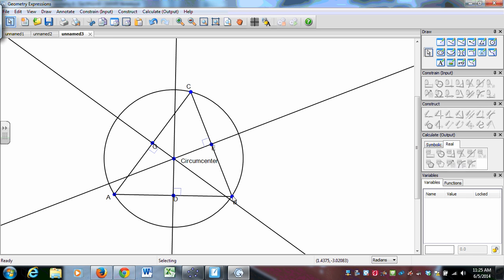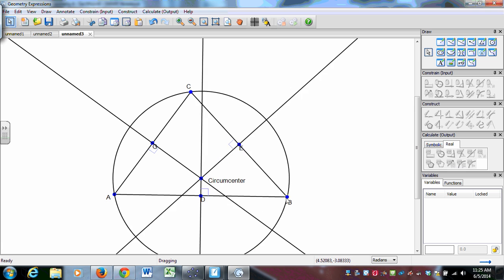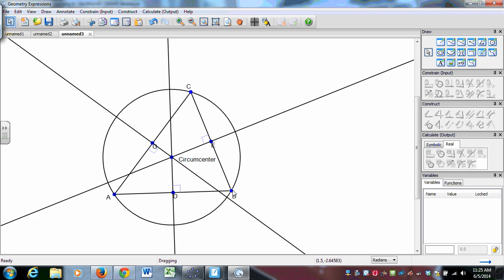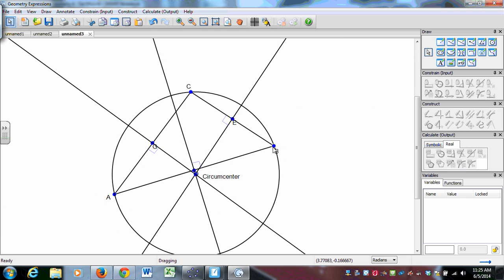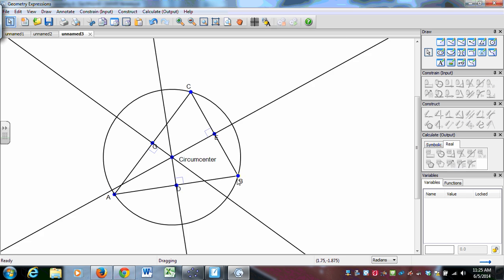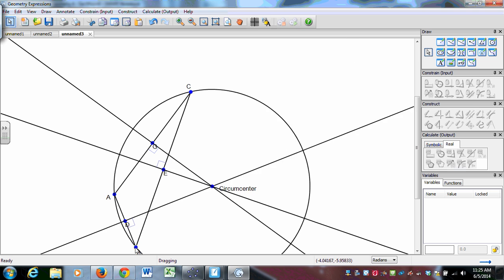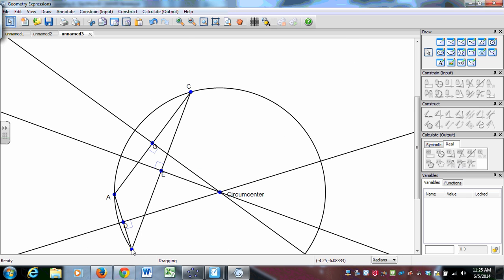The circumcenter is the center of the circle that circumscribes the triangle. And that is true no matter how I move this around. Note, if the triangle is that, that's an interesting kind of triangle. The circumcenter is on the circle.